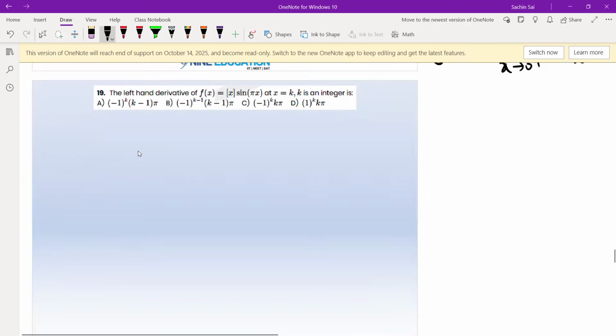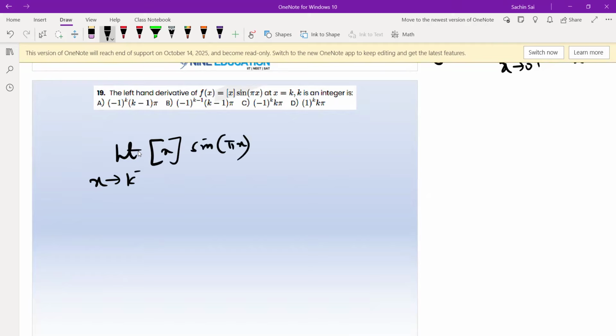Question 19 is something similar, the left-hand derivative. That means you have to find the limit as x tends to k minus of f of x, which is step of x sine pi x. Oh, sorry, the derivative. So you need to find the limit as x tends to k minus of f of x minus f of k by x minus k, right?